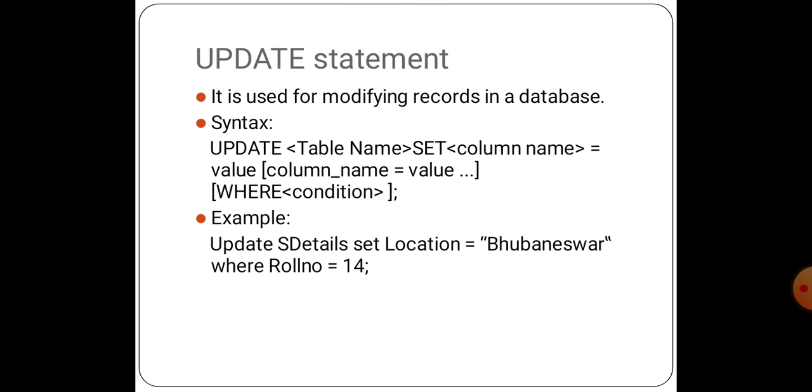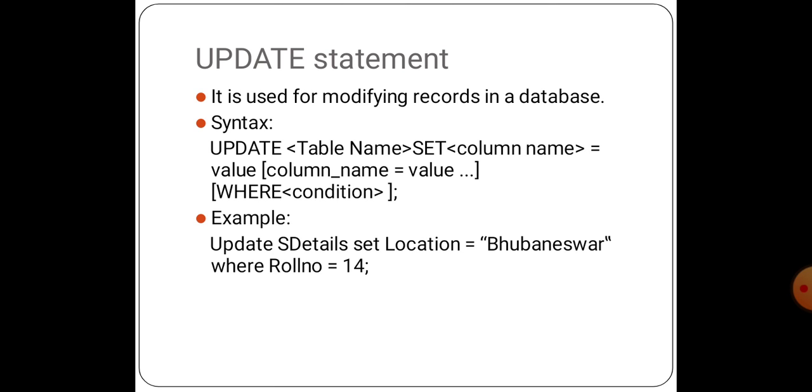For updating your S details, your student details table, you have to give the keyword update, S details, and set location. Set the location as Bhuvaneshwar where roll number 14, this is the condition. For roll number 14, we are changing the location. The previous location is Chennai and we are reassigning it as Bhuvaneshwar.